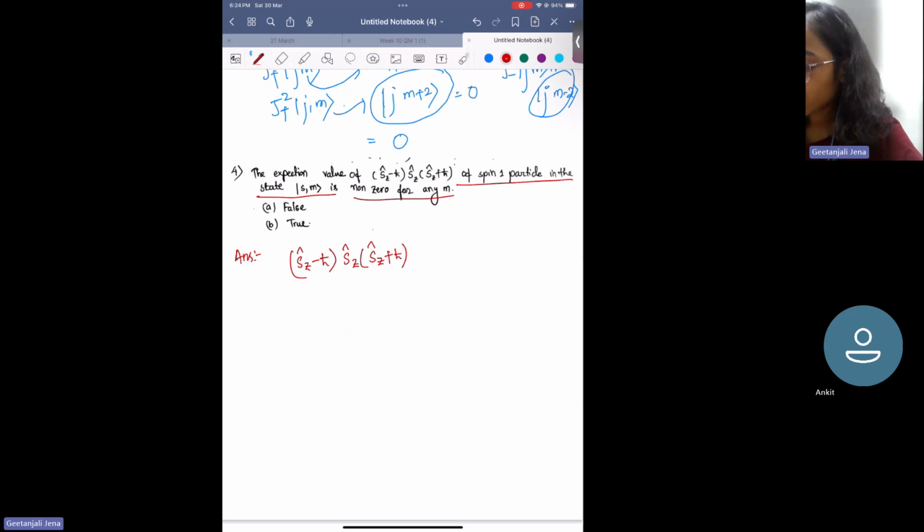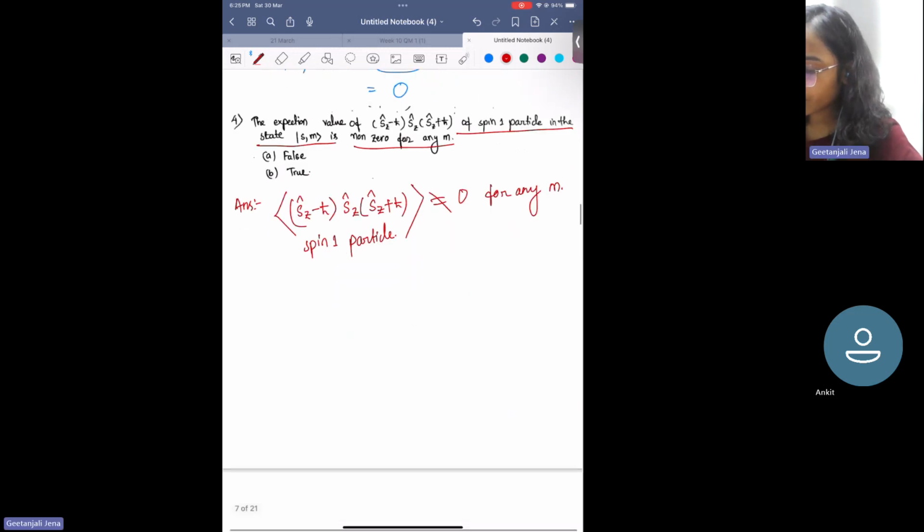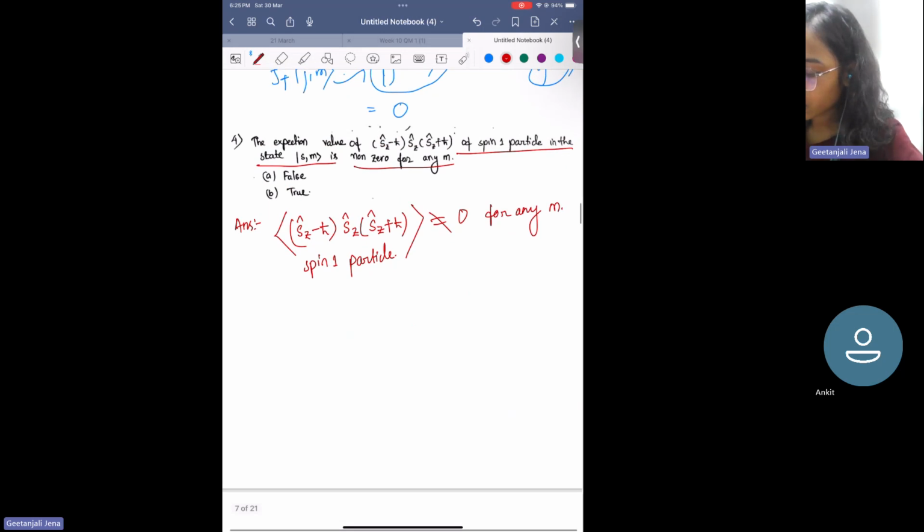So it is telling that the expectation of this operator is non-zero for any m. Whether this statement is true or not. And the particle is a spin 1 particle. So let us see whether this statement is correct or not.